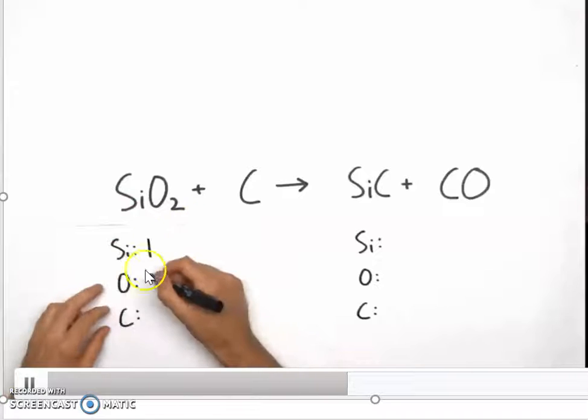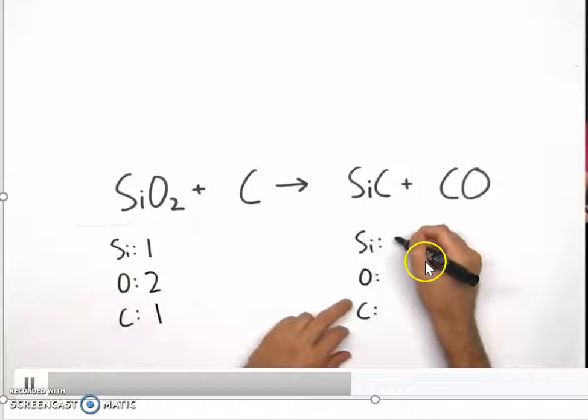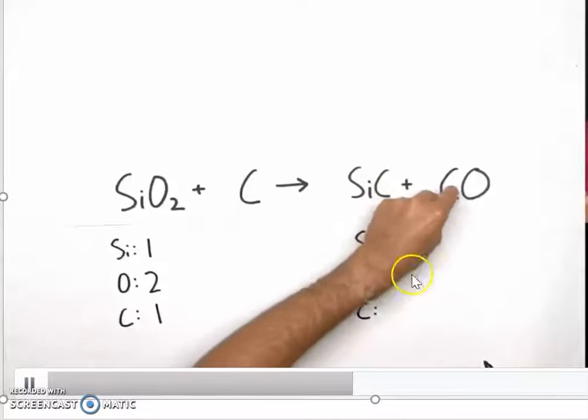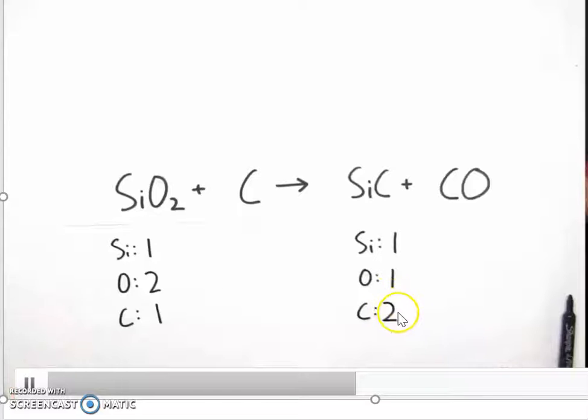Okay? Silicon 1, oxygen 2, carbon 1. Silicon 1, carbon 2, oxygen, pardon me, oxygen is next, and carbon 2. So, as you can see, oxygen and carbon are unbalanced in the reactant and the product side.